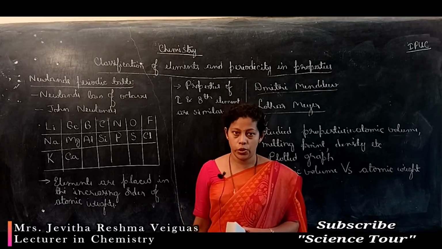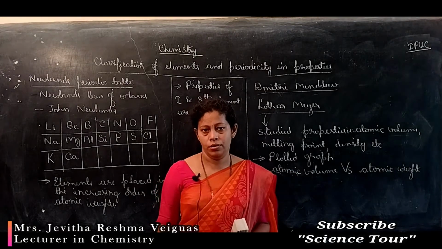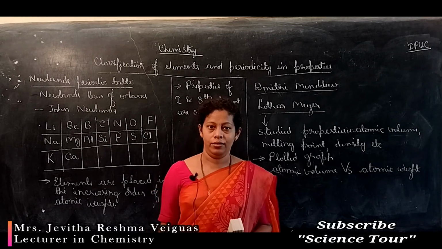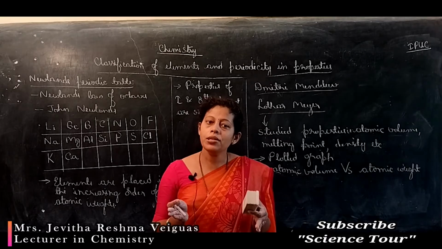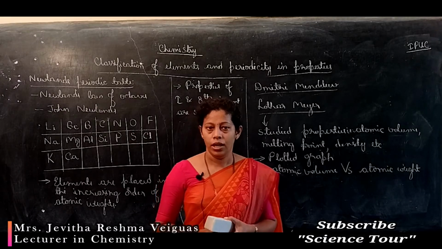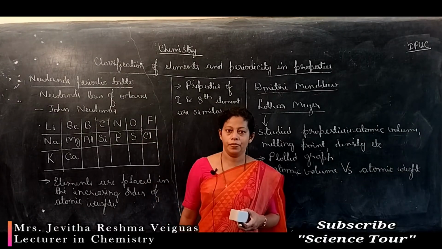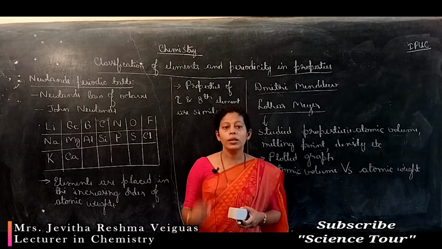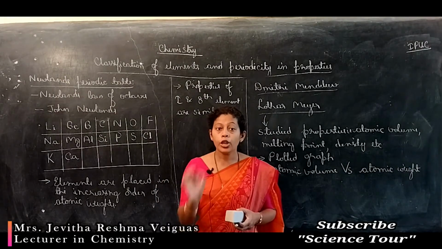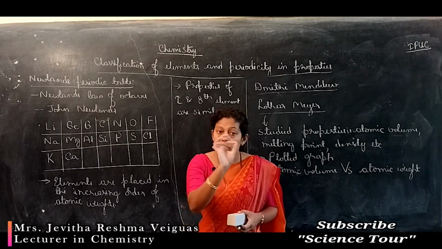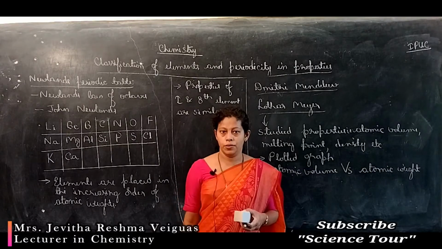What Mendeleev did is, he studied the properties of every element and noted them, and then he arranged elements with similar properties together. He made 63 cards, because at that time only 63 elements were present, and on each card he wrote the name of the element, the atomic weight, and the properties.